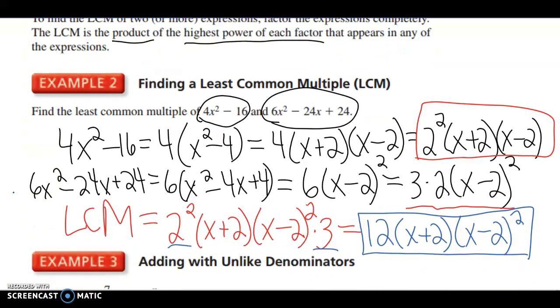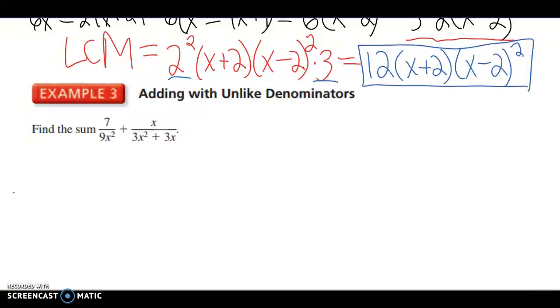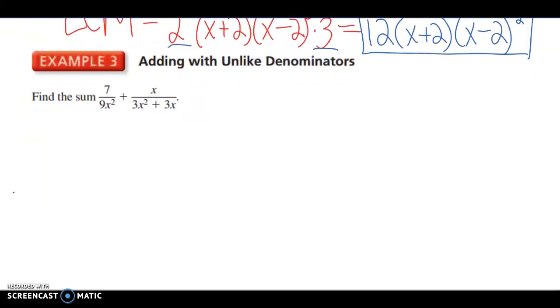For example 3, we're going to add with unlike denominators. So this means we have to get the same denominator for both of these.